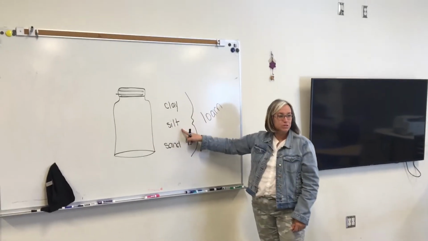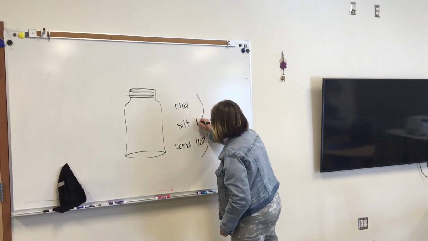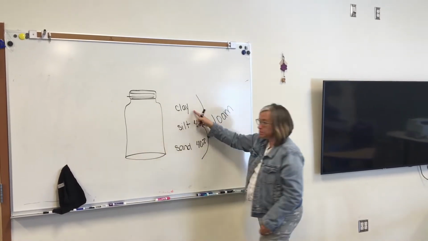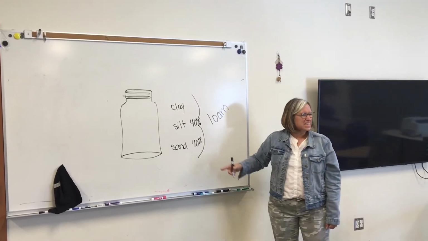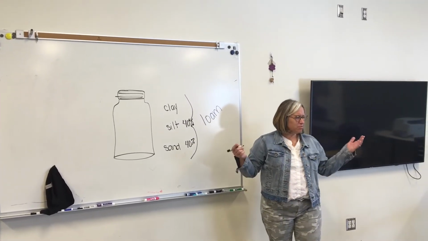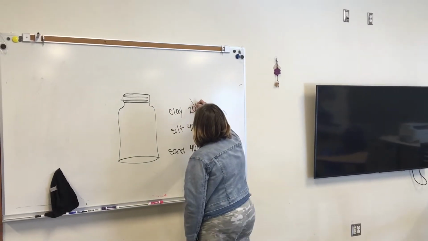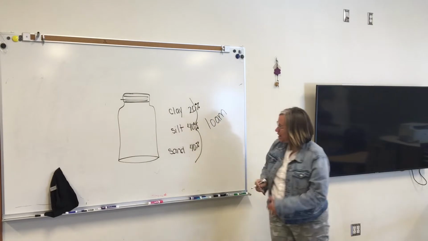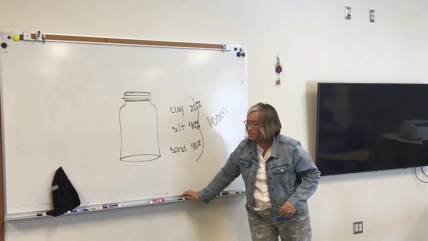All right, and then how much was silt? 40. And then how much was clay? How could it be 40? We'd have more. 20. Okay, and if you add that all together, do we get 100? Yes. Good, I'm glad. I was worried about my math skills.